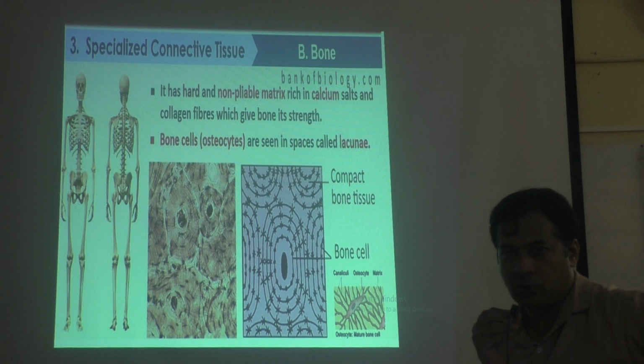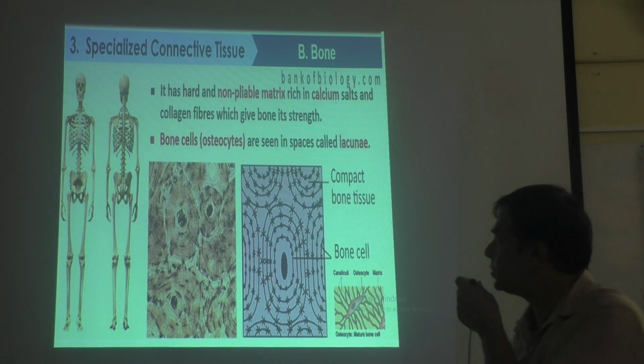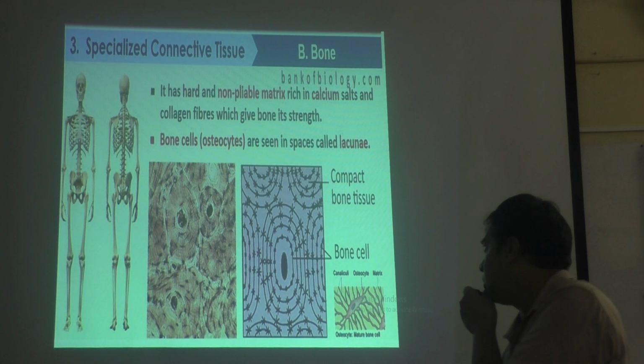Especially the bones in the legs bear the whole body weight, because even if the upper part of the body is heavy, the legs will bear it. So bones require strength. For that, calcium and collagen fibers are there, which give strength to bone.